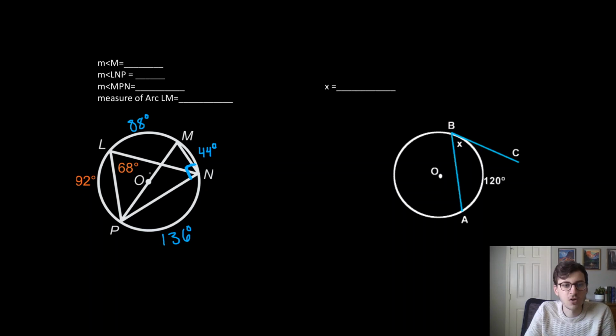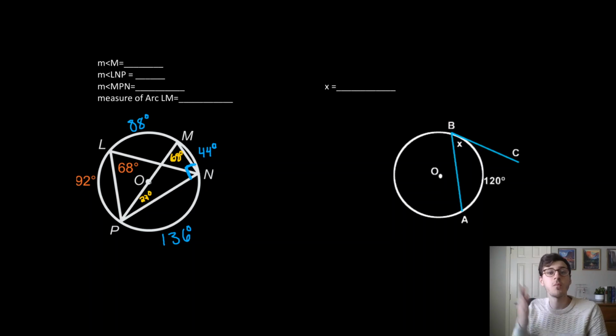Because angle M intercepts this PN right here, right? 136. So PMN is equal to half of 136, so that's 68 degrees. Angle MPN is half of 44, so that's 22 degrees.